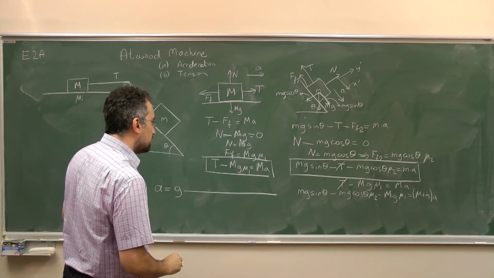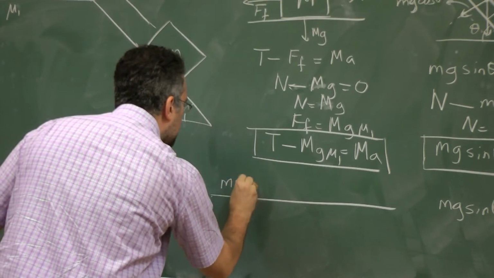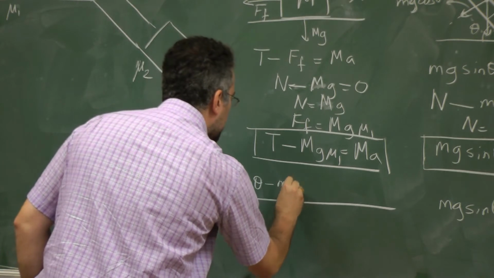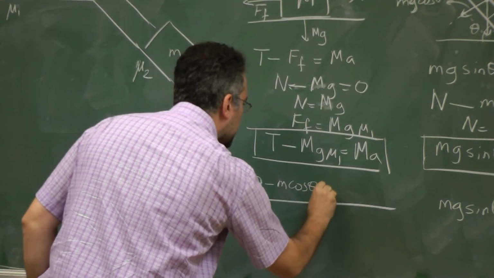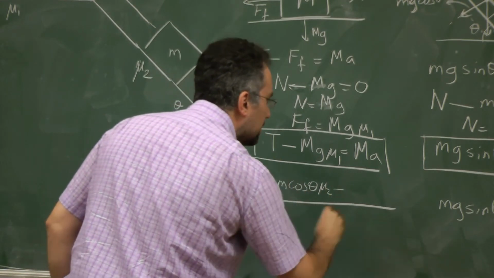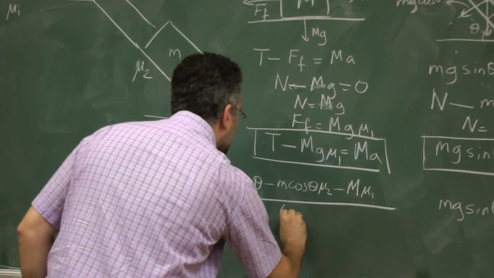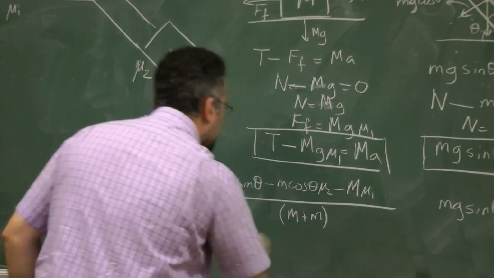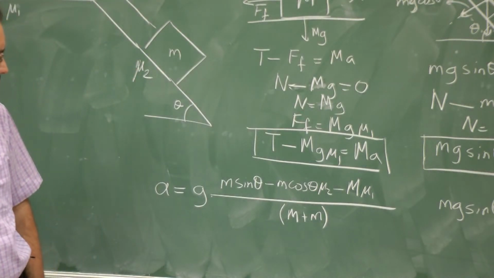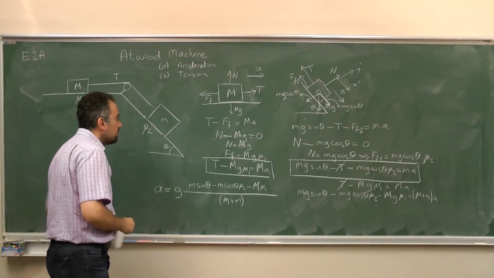So on the top, I have m sine theta minus m cosine theta mu2 minus capital M mu1, over capital M plus little m. Okay, well, that gave you the acceleration.